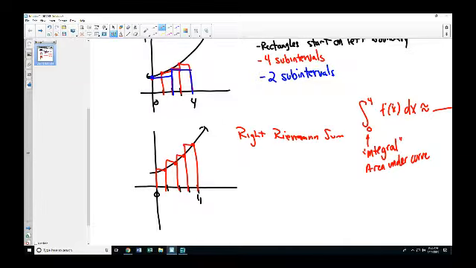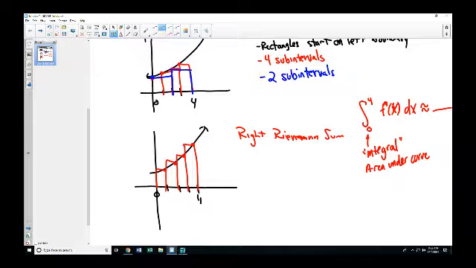So your question might say, approximate this with a right Riemann sum of 4 subintervals.